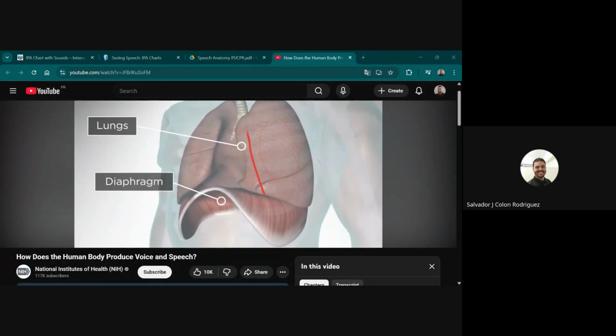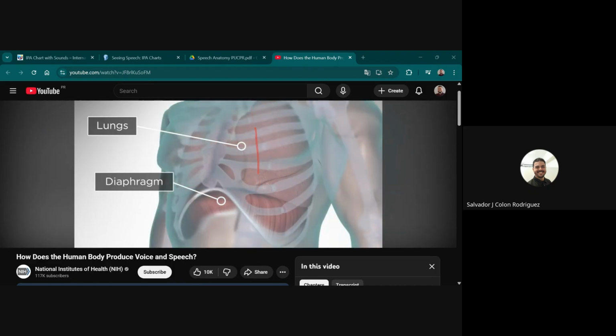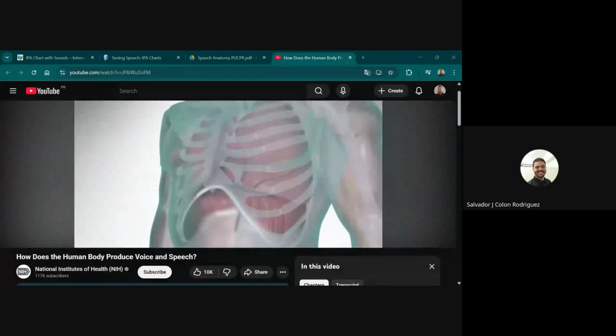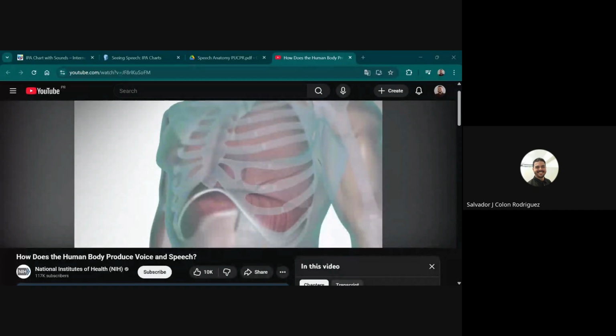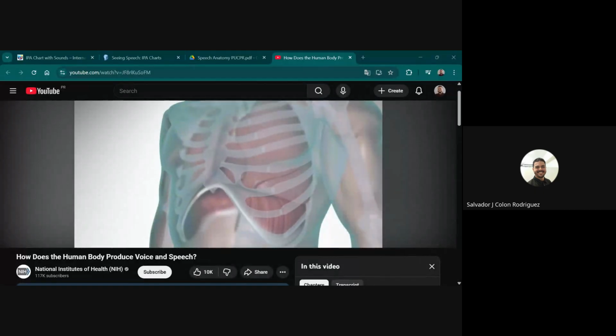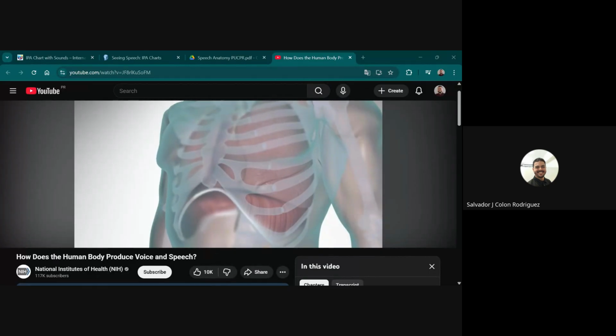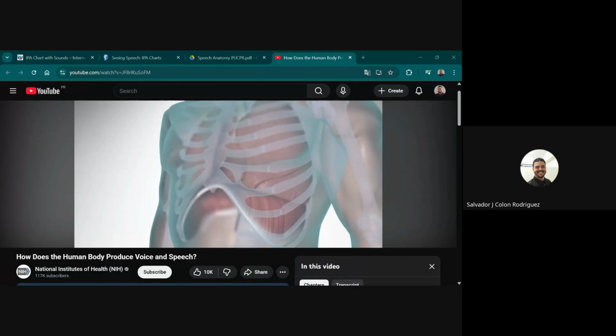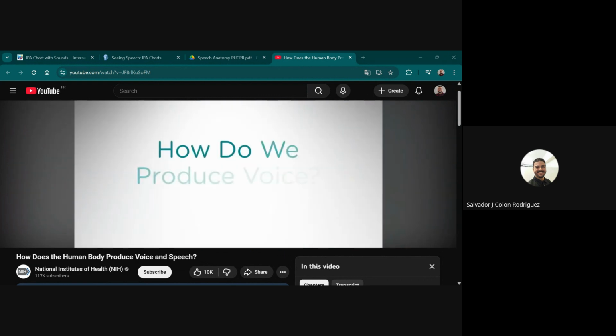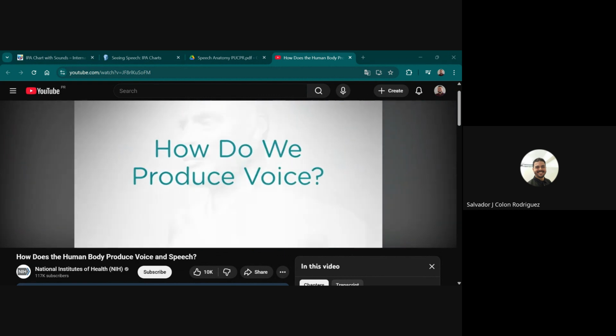Now that air will start to go up and up and up, and you're going to see as soon as the video goes by. I like to show the anatomical part of this because it means that we are so complex, like a walking machine, that we are able and capable of doing so many things.